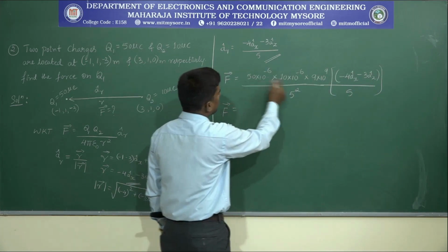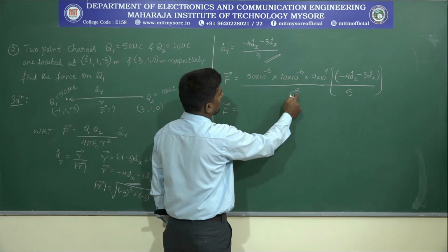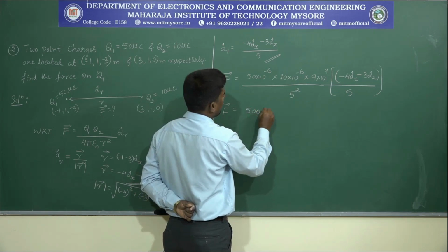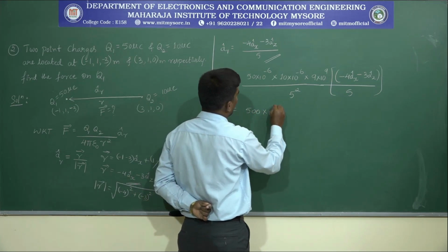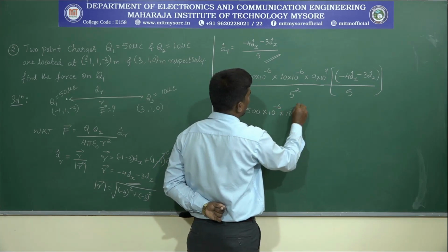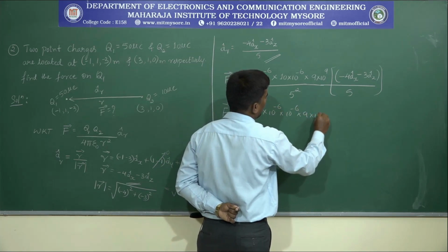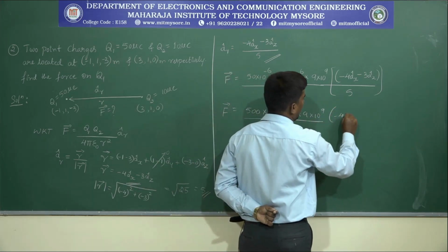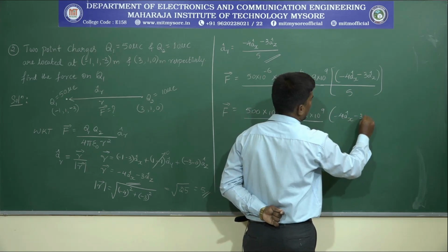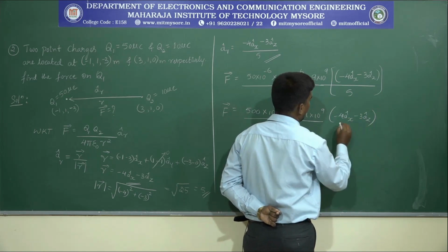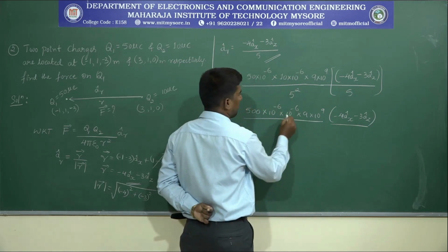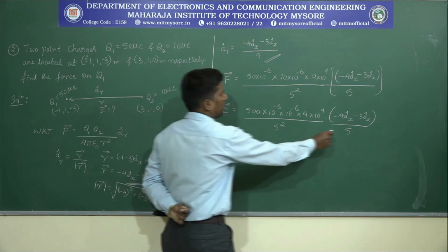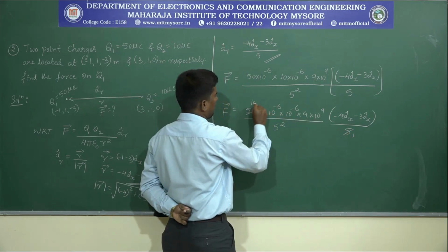F is equal to 50 into 10, how much? 500 into 10 power minus 6 into 10 power minus 6 into 9 into 10 power 9, divided by 5 square into 5 here, into minus 4 a cap x minus 3 a cap z. See, 5 ones are 500.